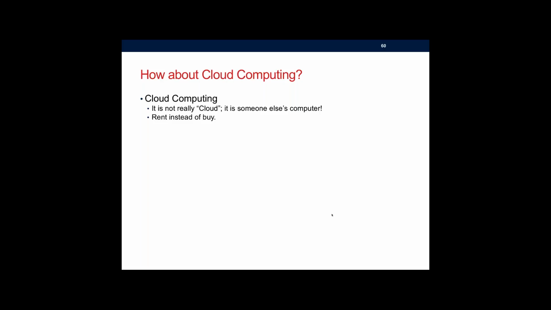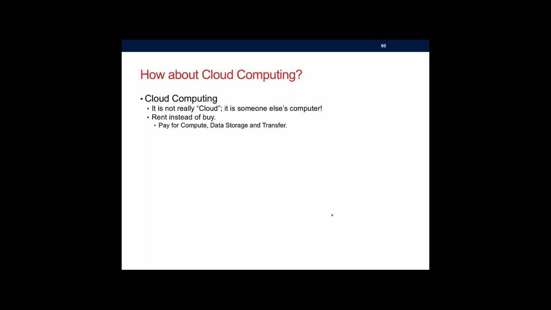If you don't need the computation 24/7 in your lab, and you only need to analyze the data during certain times, if you can have access just then, that's great. And in that case, cloud computing is really helpful.